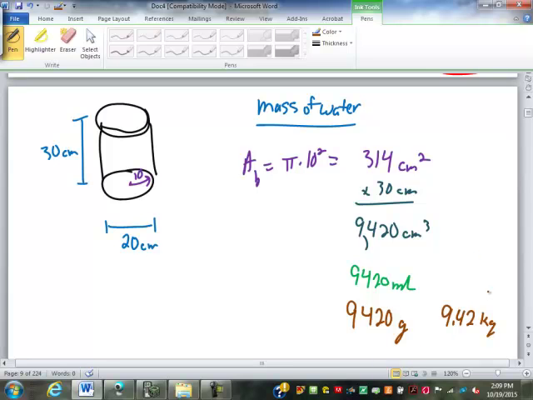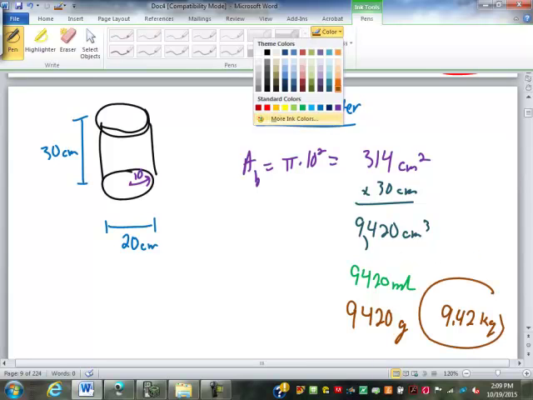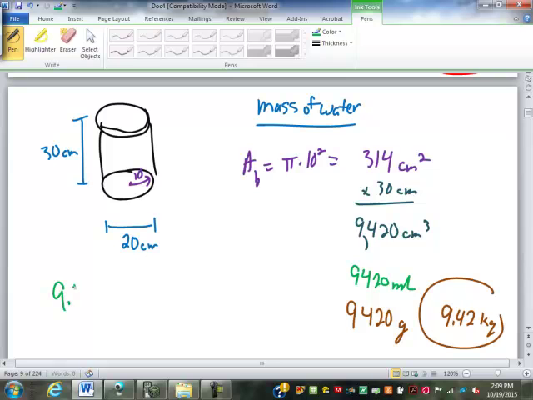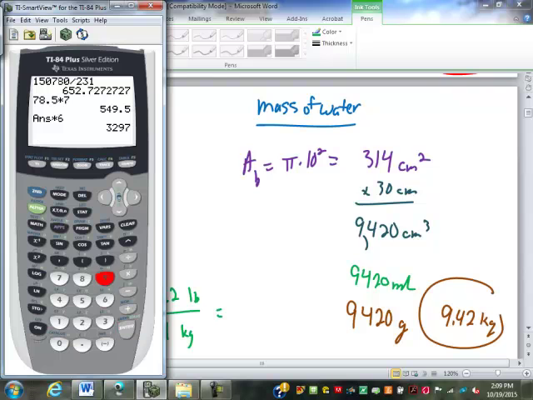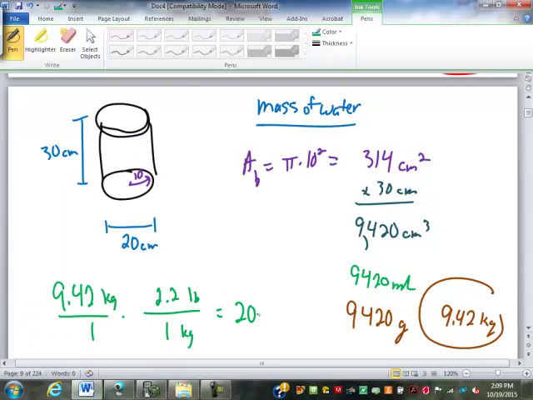Just move the decimal 3 spots. For those of you that want to know, 1 kilogram is 2.2 pounds. It's 20.7 pounds. So it holds about 20 pounds of water.